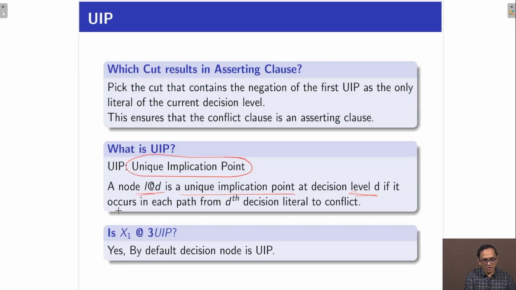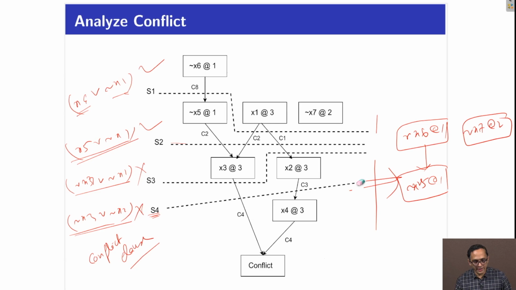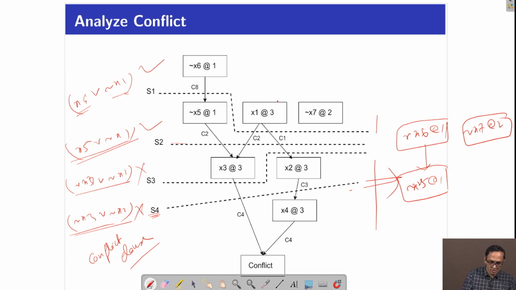It is a node that occurs in each path from the decision level D literal to this conflict. Okay. So, it is basically a special type of node which occurs in every path from that particular decision level node to the conflict node. Let us understand. So, in my example I have 2 decision levels, right. So, I have x1 at decision level 3 and x6 equal to false in decision level 1.